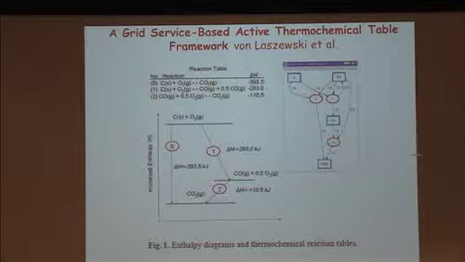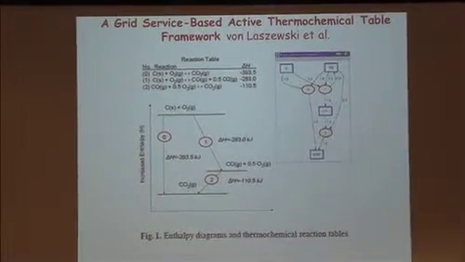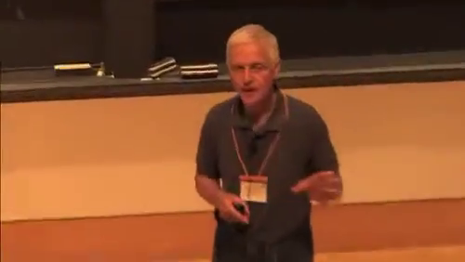Of course, there are experimental errors in both determinations, but by using the two of them together, you can get a more precise value for the enthalpy of formation of CO2, and also a reduced uncertainty in its value.